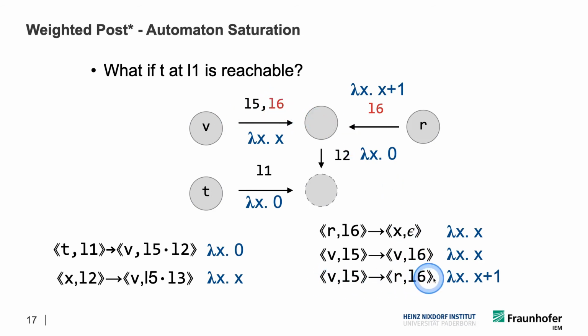And due to this second rule down here, we have to add another node for R like we did earlier, right? And this is again pointing to the same value that v, L5 was pointing to earlier, right? But this time with L6, and also this time annotated with this other edge function, right? Because this time we need to take the incrementation into account.